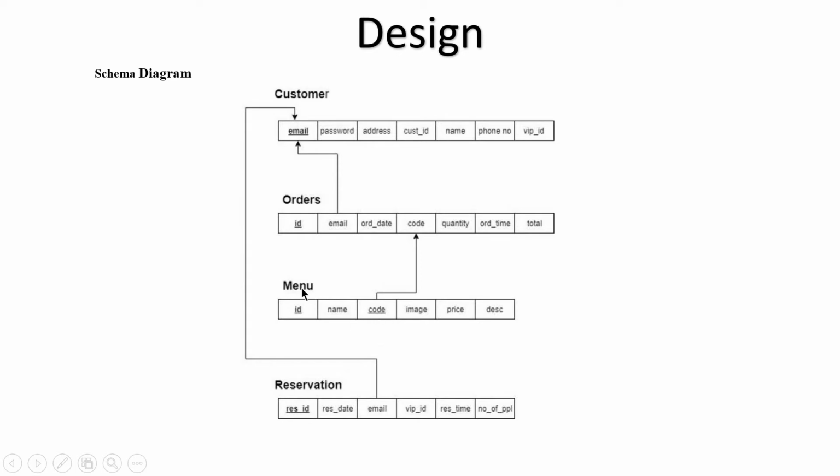Code from menu is referenced from code from orders. Reservation consists of email, which is referenced from email from the customer table. So based on this, we can declare different foreign key attributes in our database. Now we will look into our database structure and the working of our website.